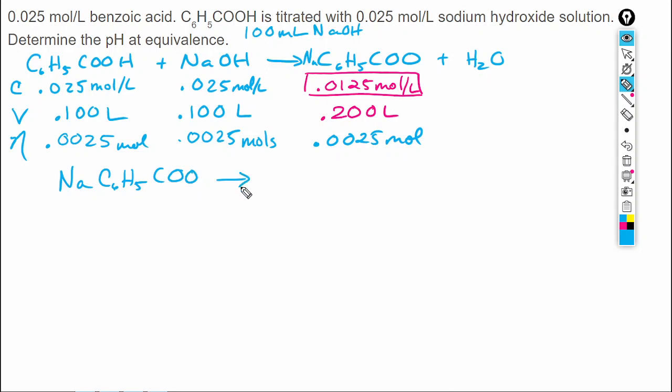What does it split up into? Yeah, this thing. Okay. So these are the ions it splits up into. Let's consider the sodium first. Can that affect pH?